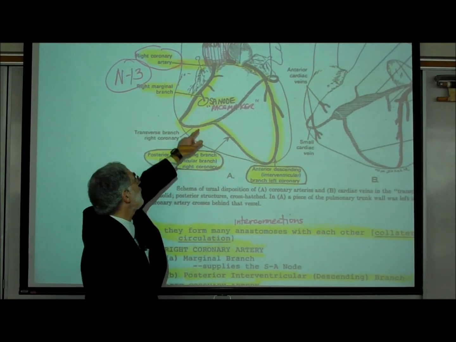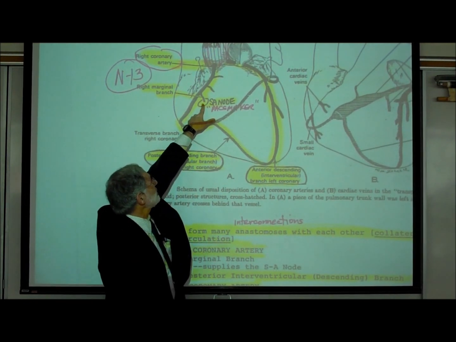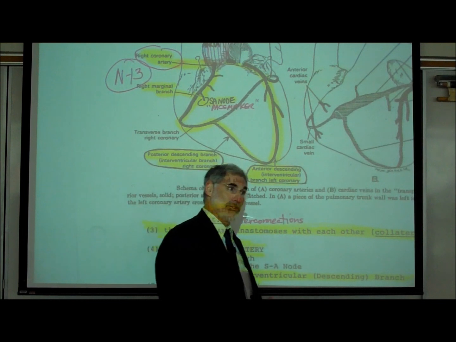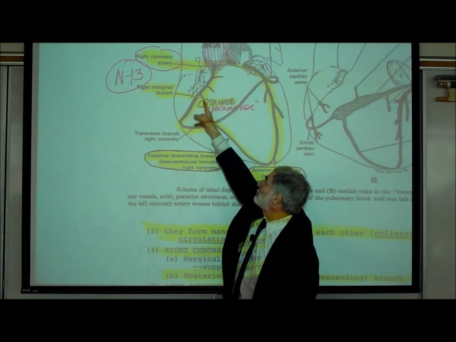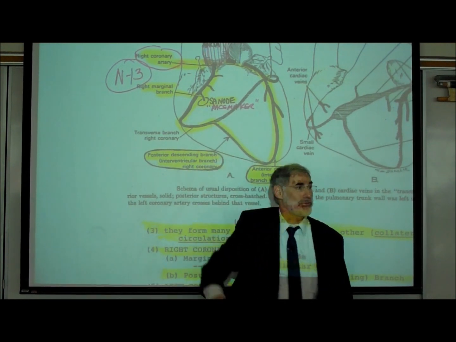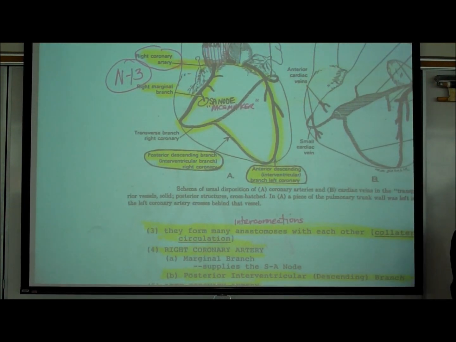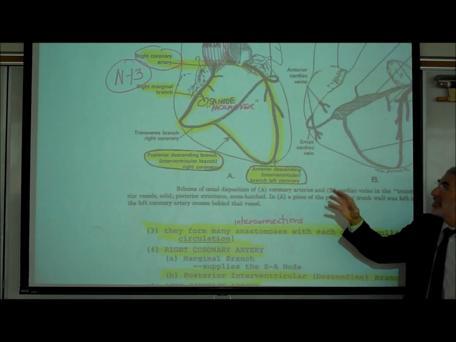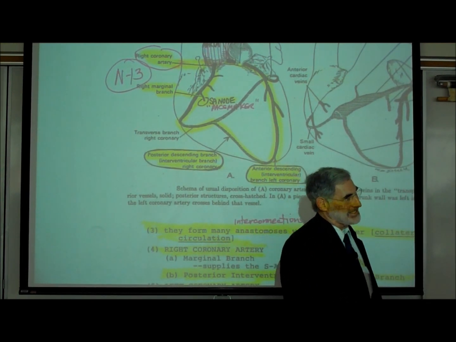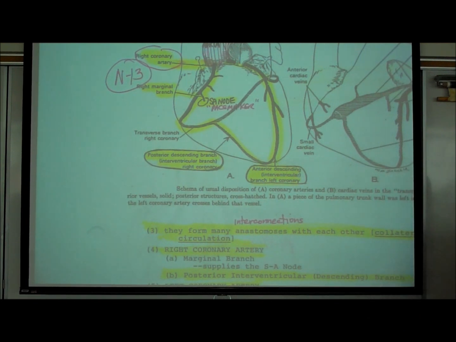I said you don't have to know, it's called the marginal branch, that supplies oxygenated blood to the SA node, the pacemaker of the heart. What if you get reduced blood flow or no blood flow through the marginal branch? Then you're going to have myocardial ischemia or myocardial infarction of the SA node. The SA node is part of the electrical conducting system. So that means the electrical conducting system now has a conduction block.